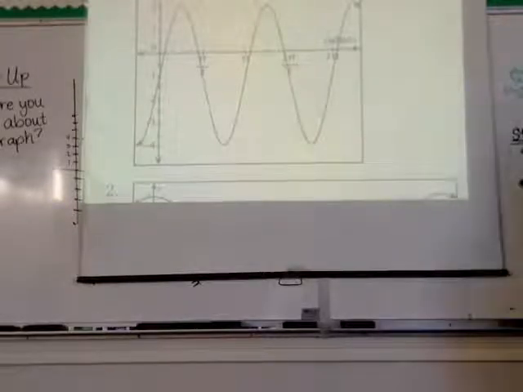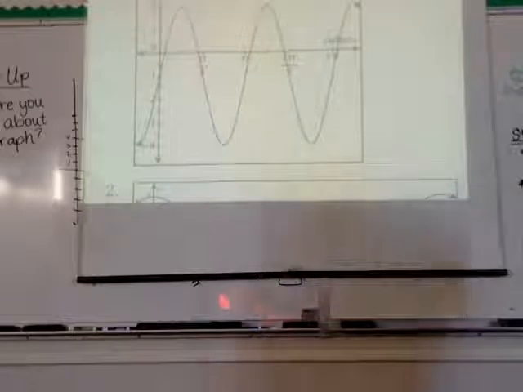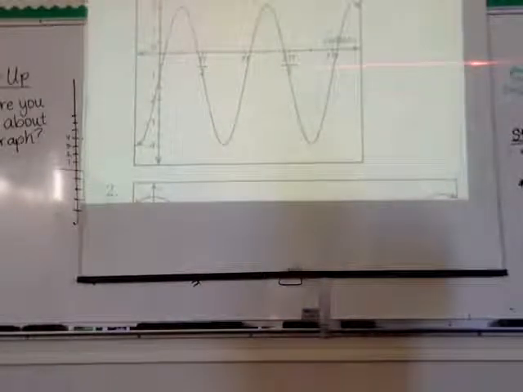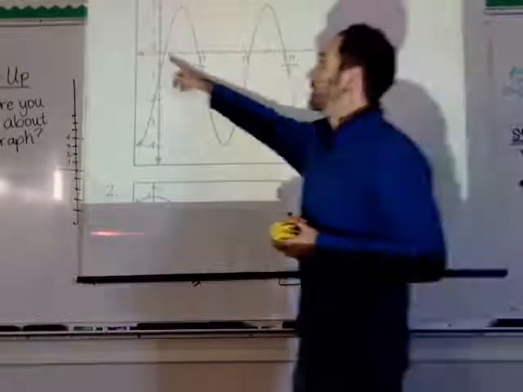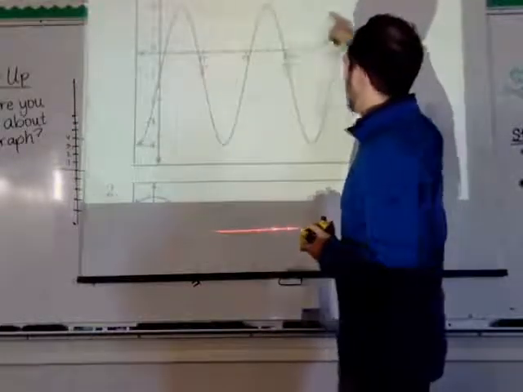Next, let's find the horizontal shift. We will assume that this is a sine curve for all these problems. So if I'm at -1, what does the sine curve do first? Does it go up or down? Starts at the origin, goes up. So have we had a horizontal shift at all? No. Because if it was starting at the origin, it would go up, then down, then up, then down.